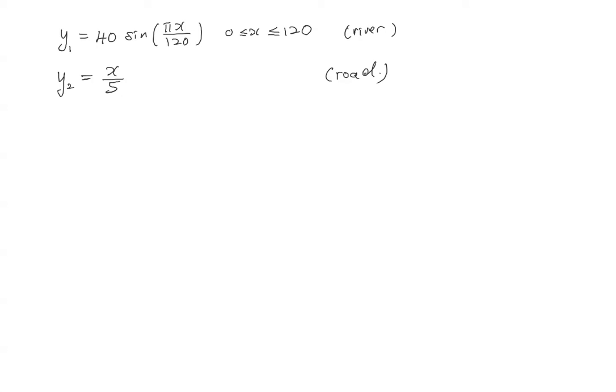So can you please key these two functions into your calculator? And sketch out the graph and find the intersection point. I'm doing it, so after I finish, you also have to finish it. X divided by 120 close. The other one is x divided by 5.